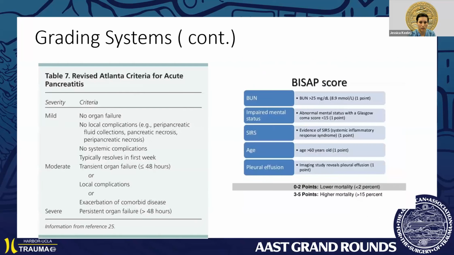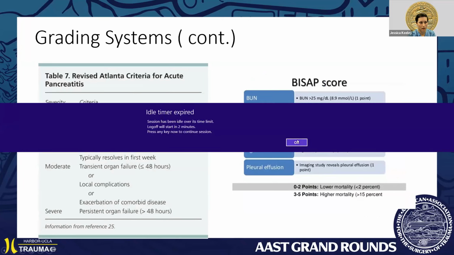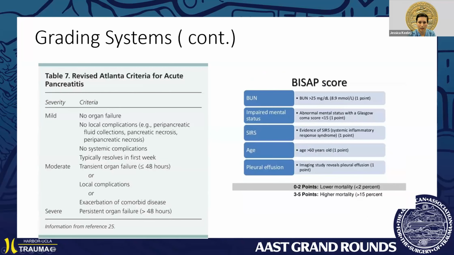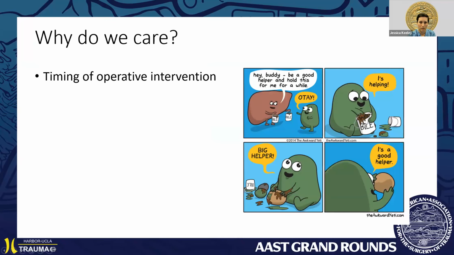So going back to our slides of severity, if you have mild pancreatitis, you should be operating on that patient during their index hospitalization. If you're unable to define what mild pancreatitis is, then it makes it a little harder to make that decision. Okay. So we're going to talk about timing, and then we're going to talk about outcomes. Why do I care? I care because patient outcomes matter.